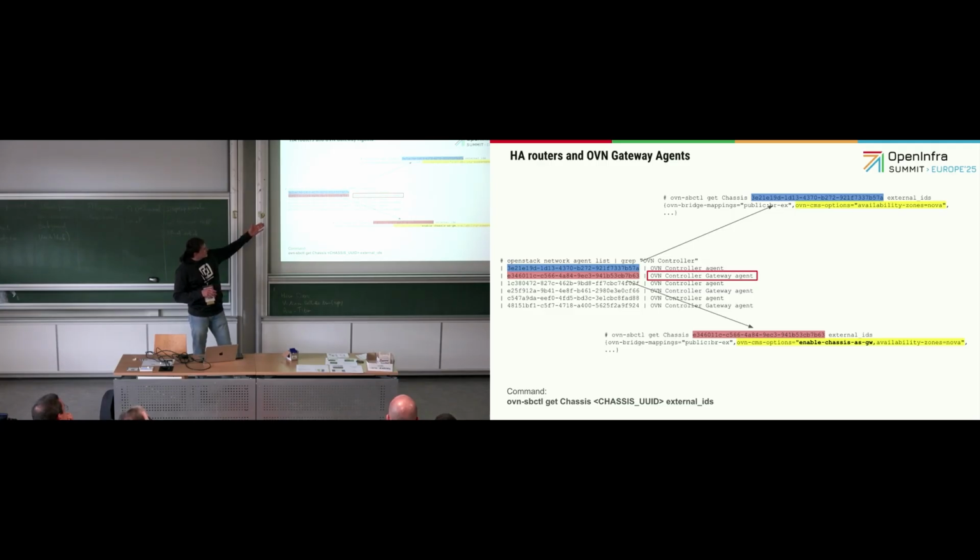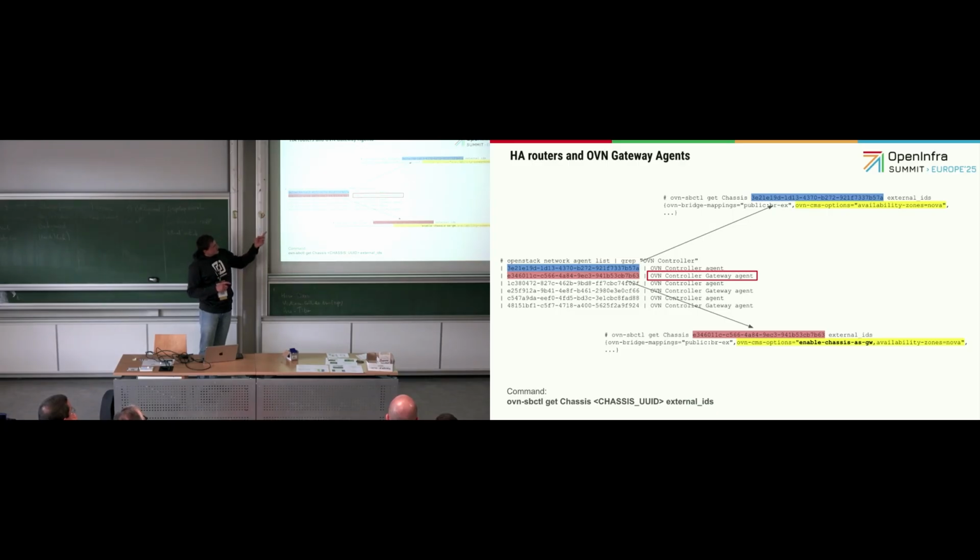So the OVN controller runs on both of these nodes, but one of them is called the OVN controller agent, and the other one the gateway agent. The difference is that the gateway agent can work with HA routers, so it actually absorbs all of the traffic to the virtual routers.